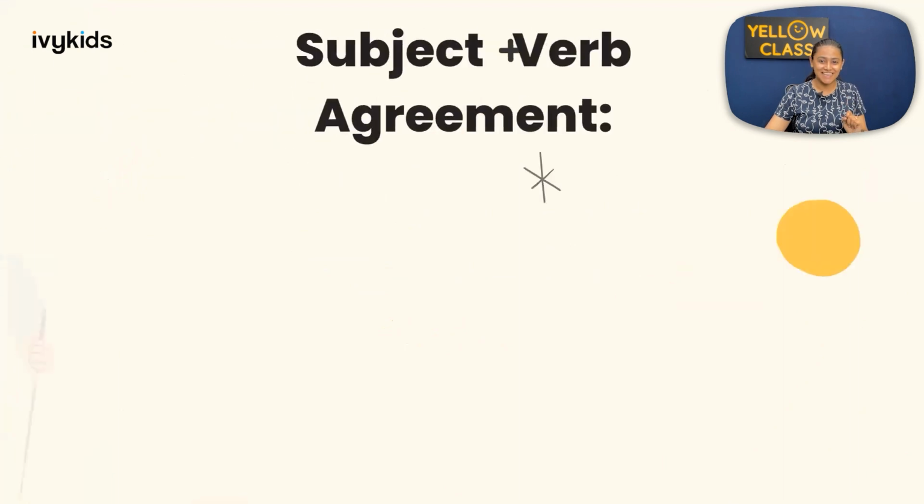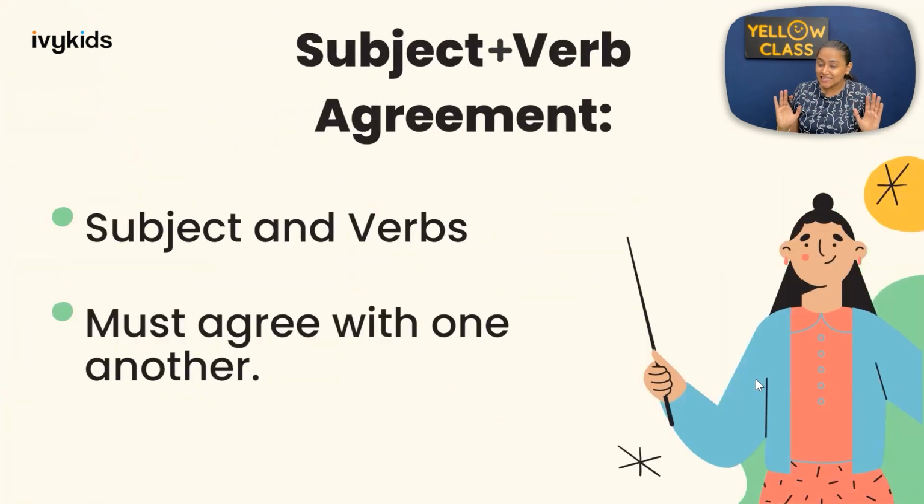Okay. So we can say that it is important that a subject agrees with a particular verb. What we are saying is that the subject must agree with the verb it is kept with. There are some set of rules that we need to remember.